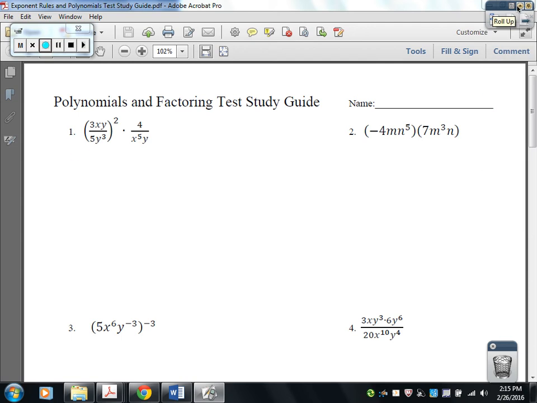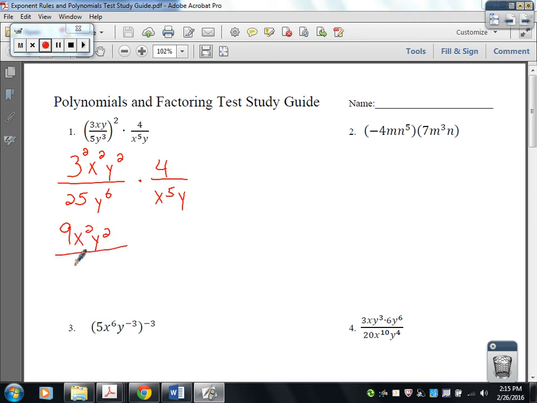Alright, so this becomes 3 squared x squared y squared over 25, actually 5 squared or just 25, and then y to the 6th times 4 over x to the 5th y. 3 squared is 9, x squared is x squared, y squared over 25 y to the 6th times 4 over x to the 5th times y. So y squared over y to the 6th brings you y to the 4th.